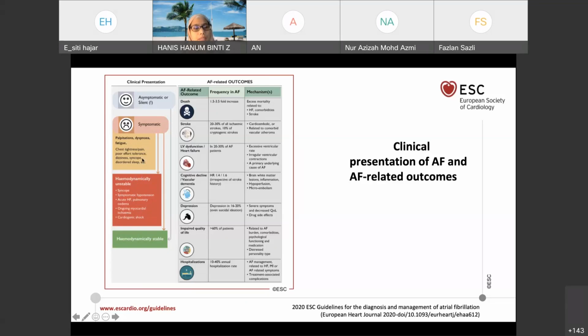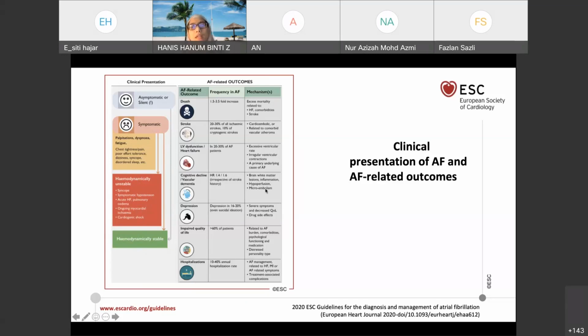This has to be dealt with within a very short period of time. Whereas if you are stable, you can go to your Klinik Kesihatan and get yourself checked. Kalau tak stable, you need to go to the ED as soon as possible.